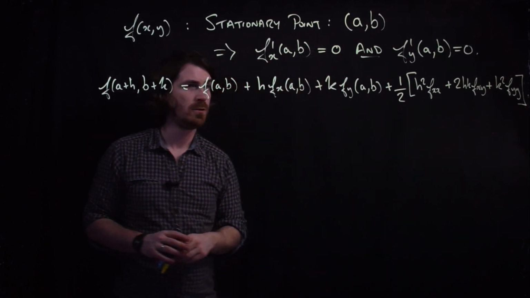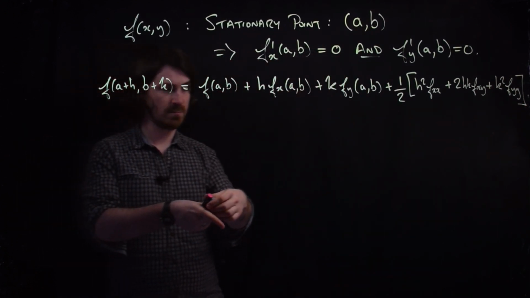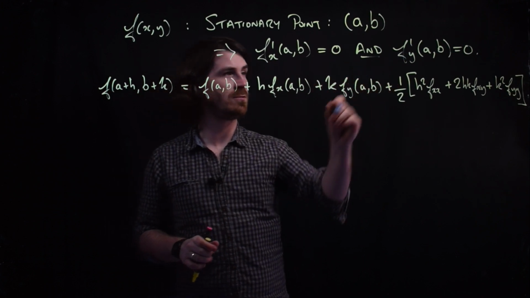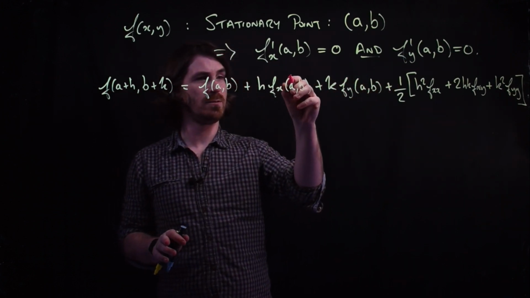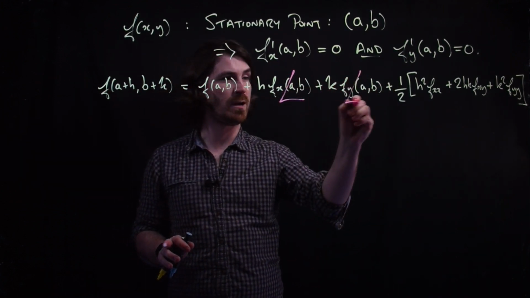Now at the stationary point, the first derivatives are 0. So these things are 0 at the stationary point.